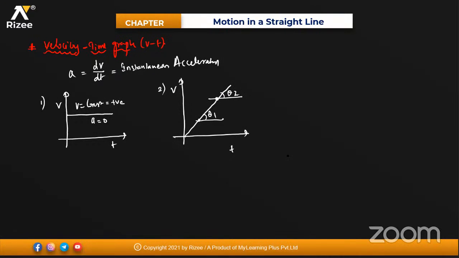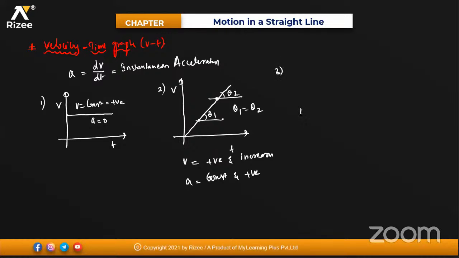So what is velocity doing? Velocity will be positive and increasing. Clear? And acceleration will be constant, and it is also positive. Why? Theta 1 will be equal to theta 2.